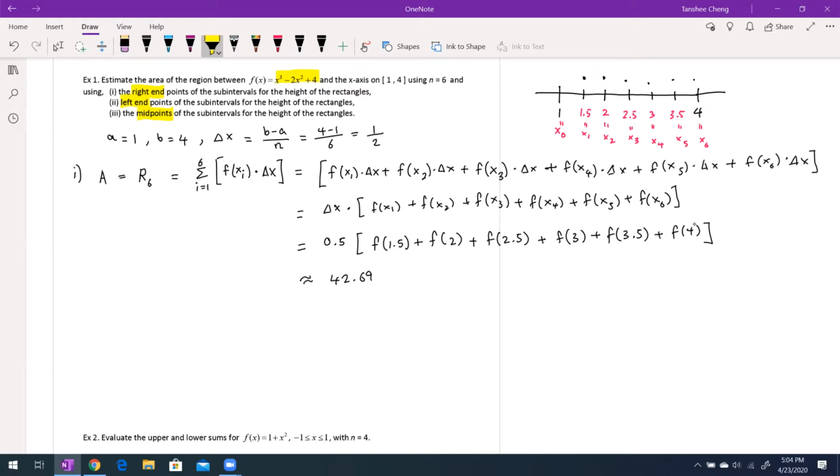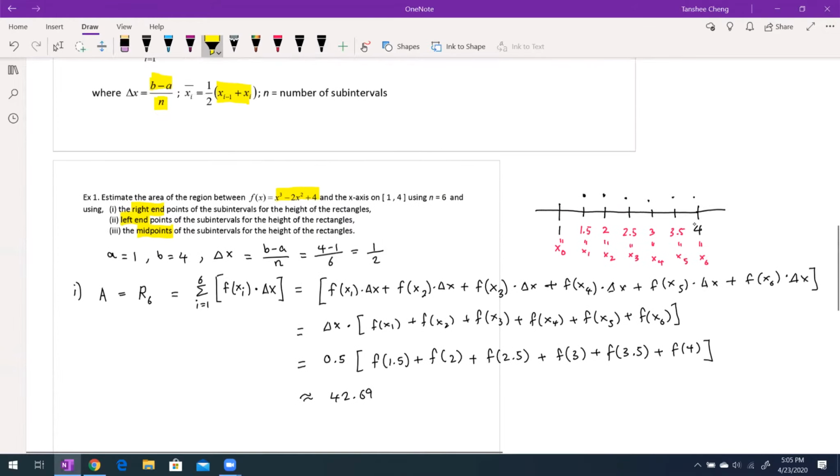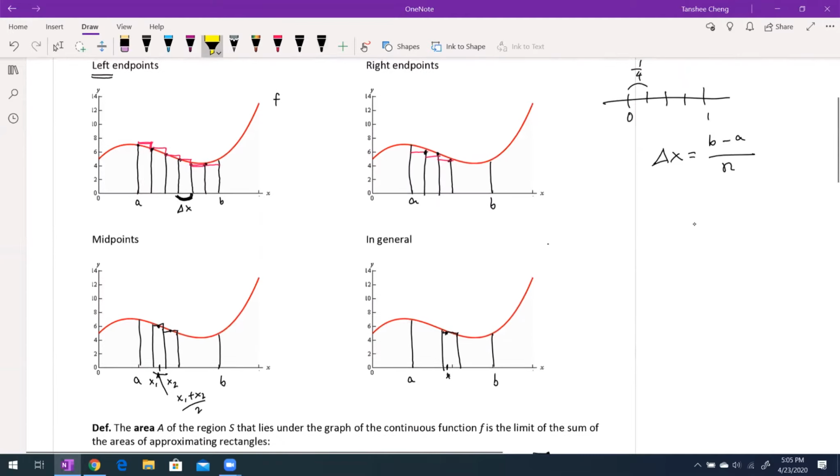Remember, the notation is a function notation, so you're evaluating the function at 1.5 because that will give you the height. What we are looking at is, at this particular x value, you are using the height of the function, which is the function evaluated at that particular x.